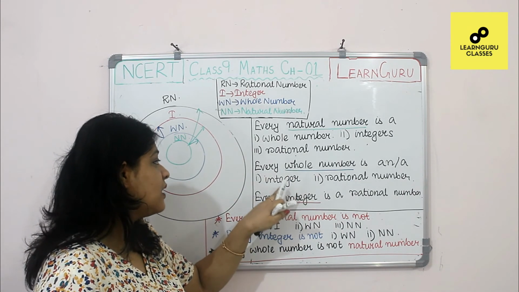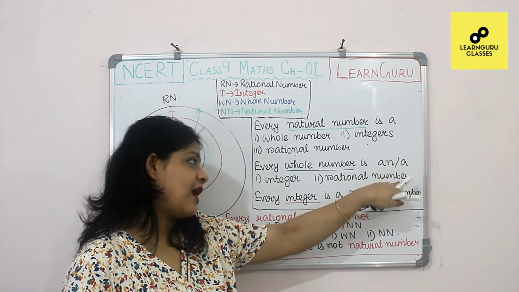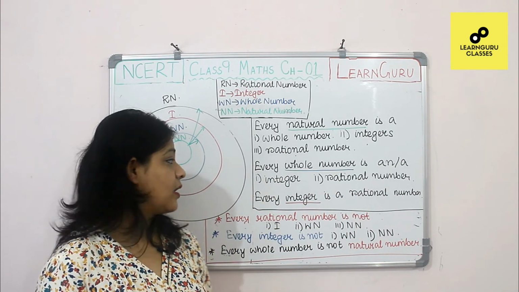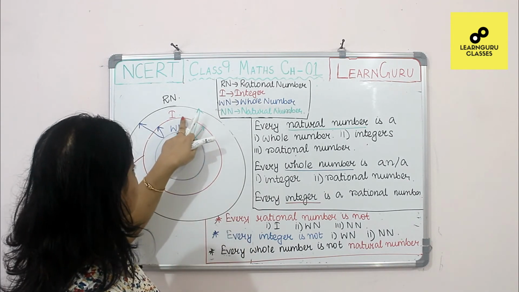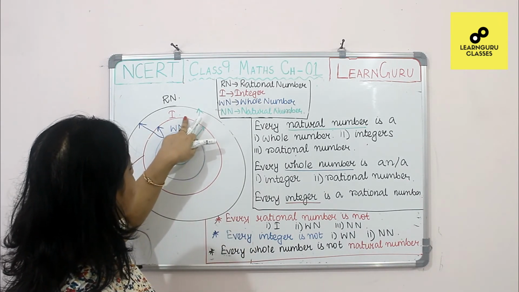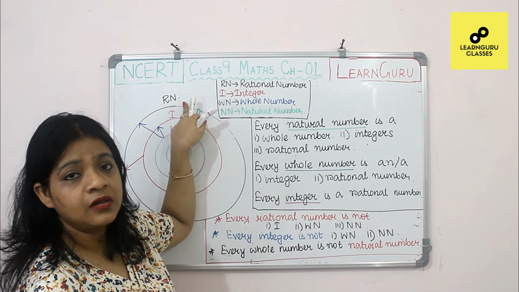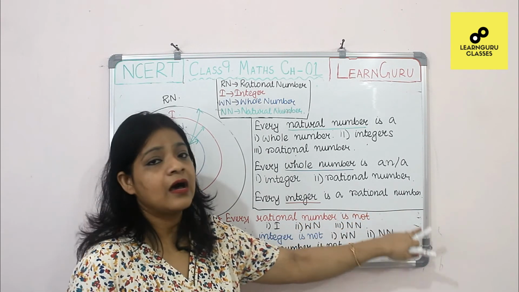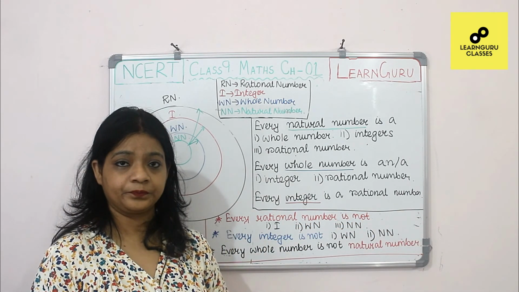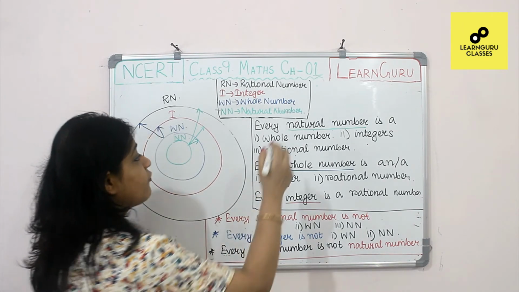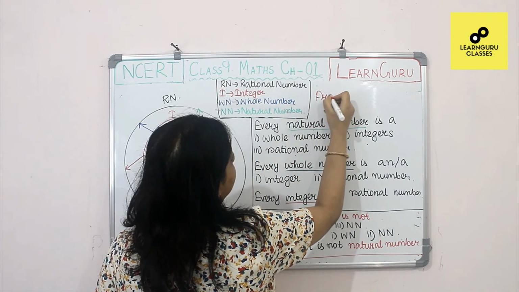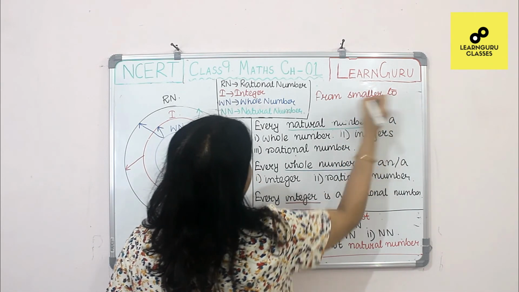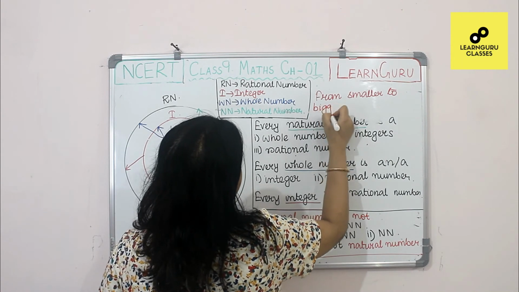So every whole number is an integer and a rational number. Again, from integer where can you move to? You can move to the rational number. So every integer is a rational number. This is from smaller to bigger circle.